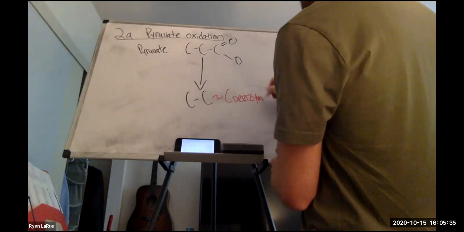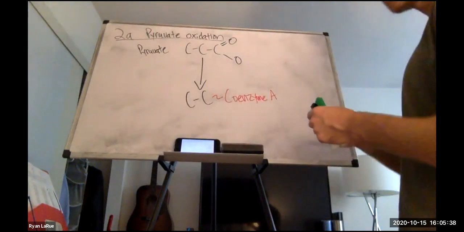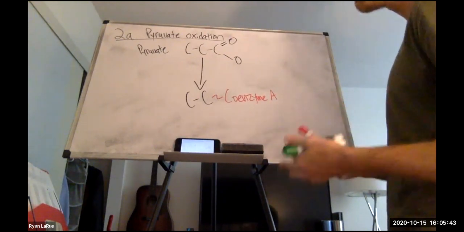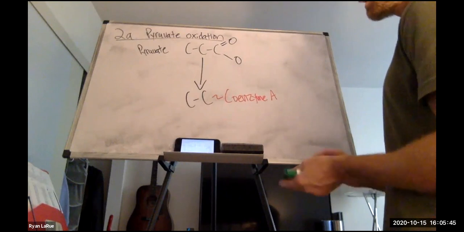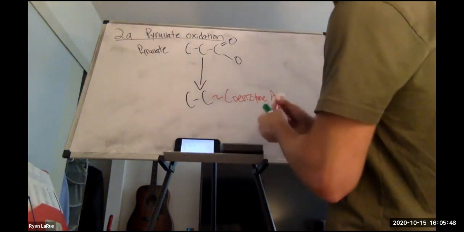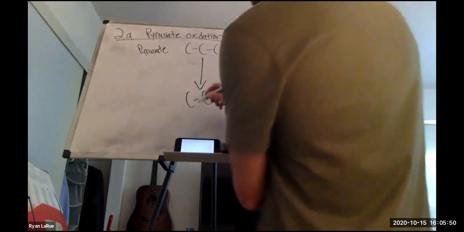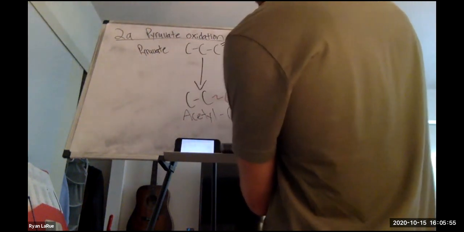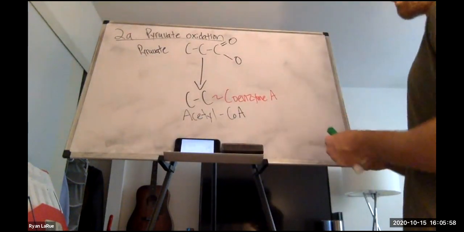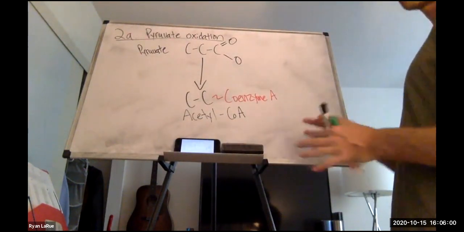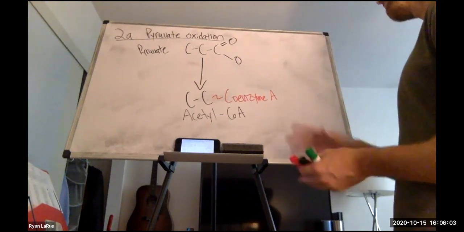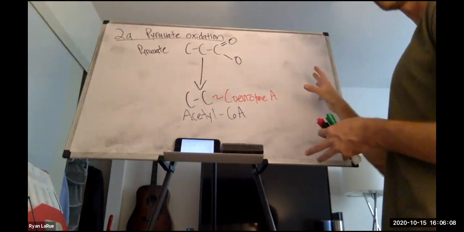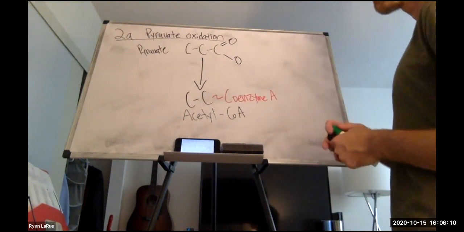But it's coenzyme A. This 2-carbon molecule attached to coenzyme A is called acetyl-CoA. So this is acetyl-CoA. That's right. So pyruvate becomes acetyl-CoA. The function of coenzyme A is merely to bring the 2 carbons to the Krebs cycle. Don't worry about that.